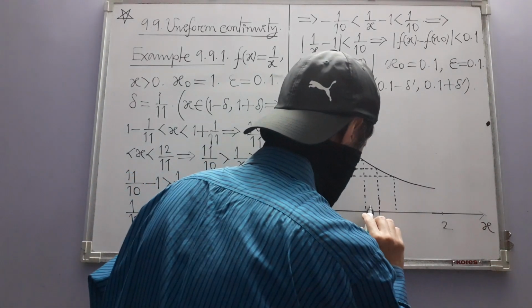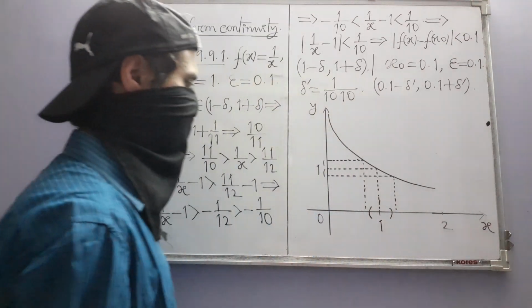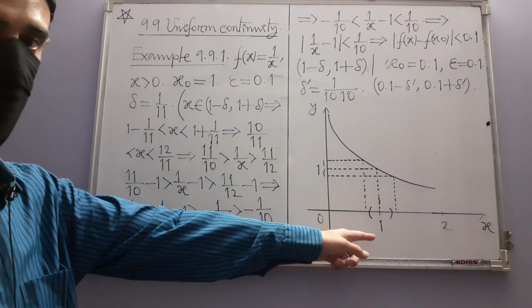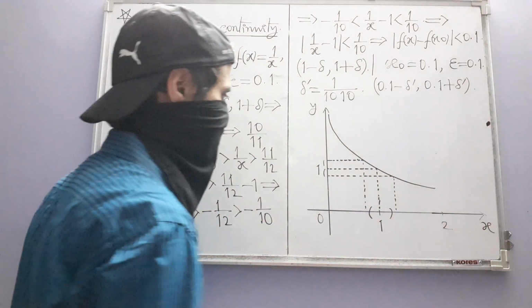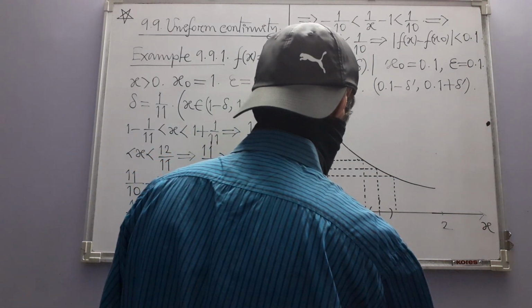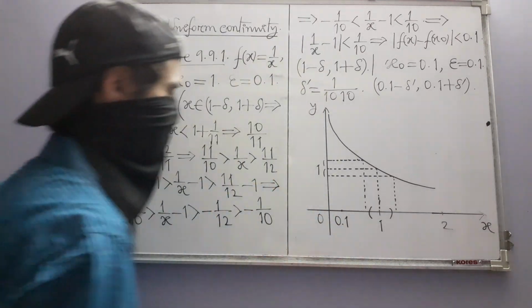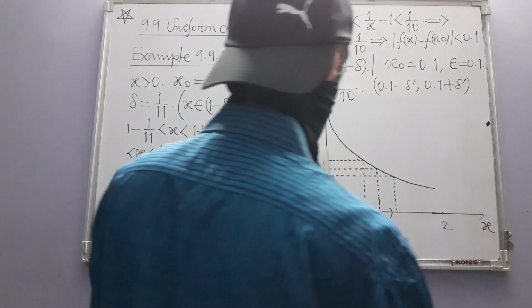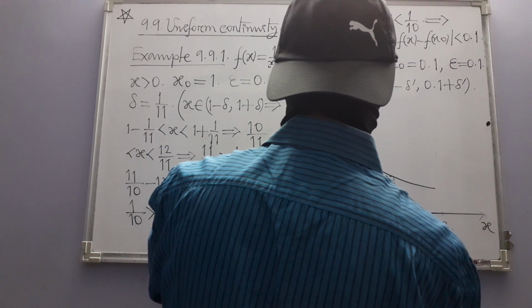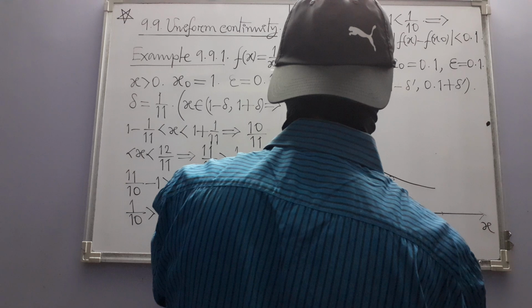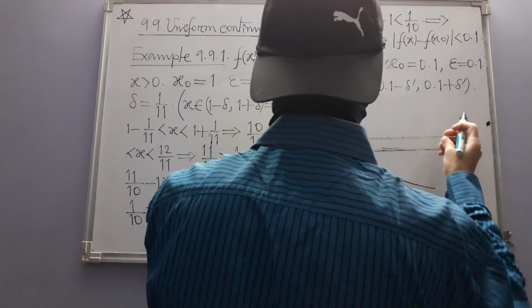So here I have chosen some island of stability where delta is 1/11. However, when we chose a much closer point to 0, so 0.1, here what is the corresponding function value?